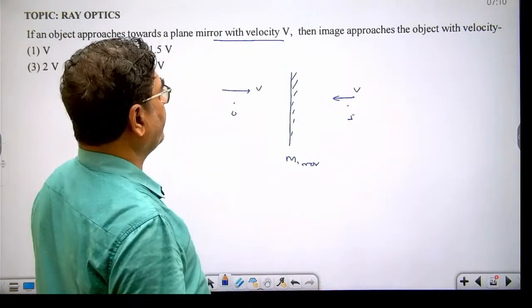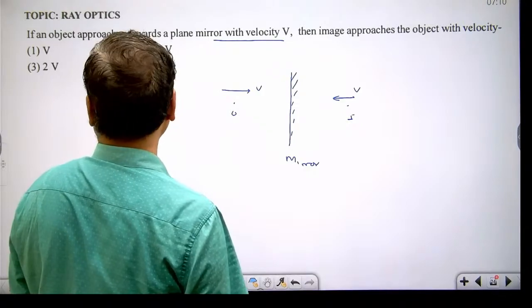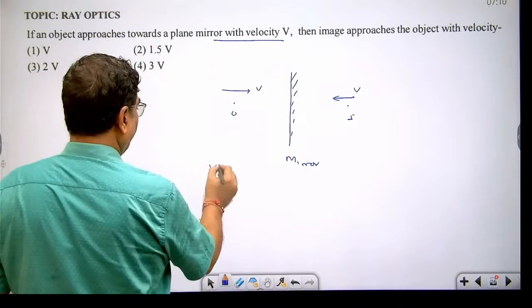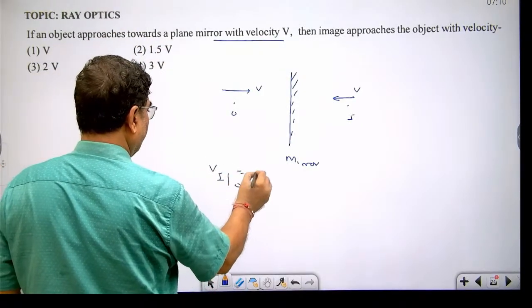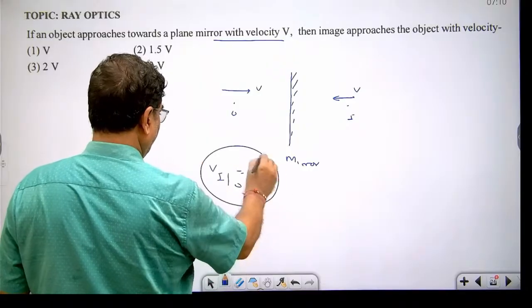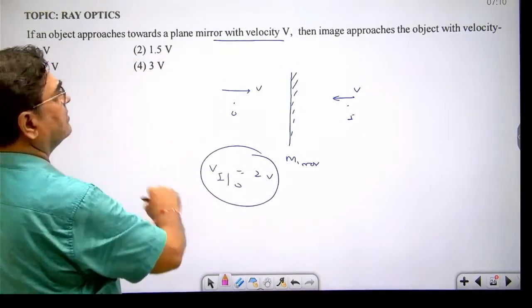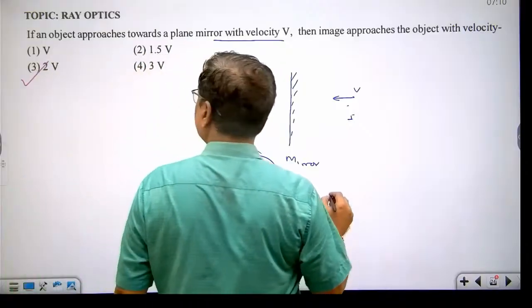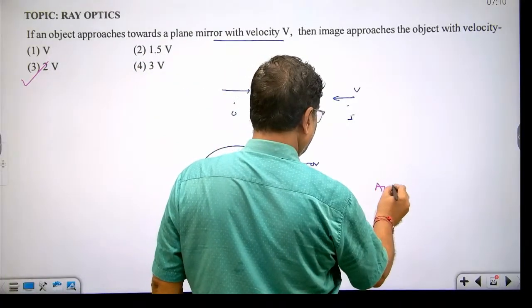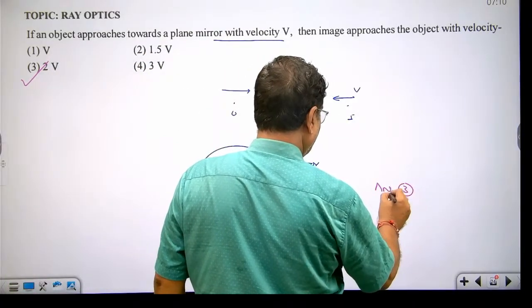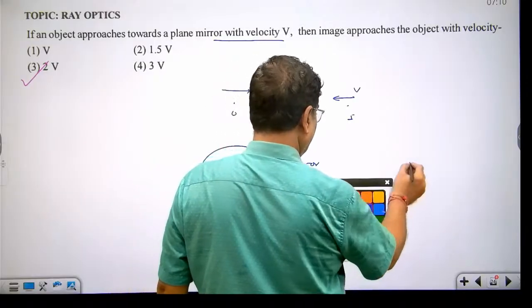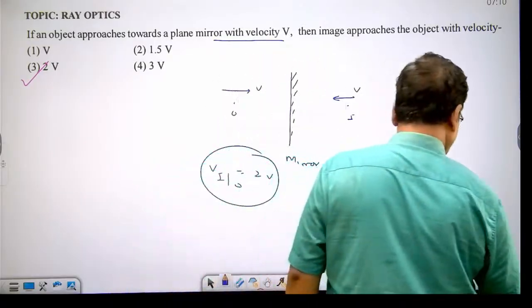So the image approaches the object with velocity 2v, okay? Velocity of image with respect to object will be, in magnitude, equal to 2v. So out of 4 choices, the correct answer is option 3.